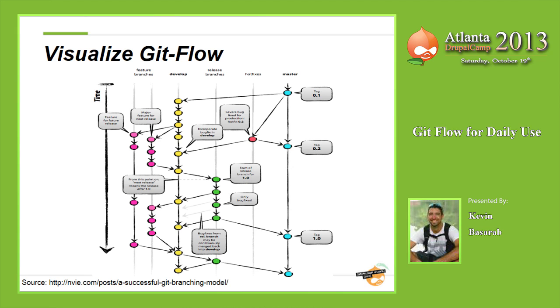Will it still work if you choose not to have the exact number of branches? What if you want to have an extra branch, or maybe you don't want to use feature branches? So the question was, will Git flow still work if you don't want to have those exact branches? Well, in theory yes, but in theory no also. You could not use some of them, but its commands are based off of those individual pieces you set up.